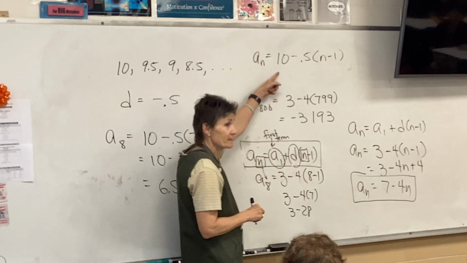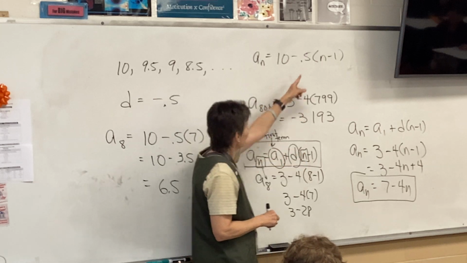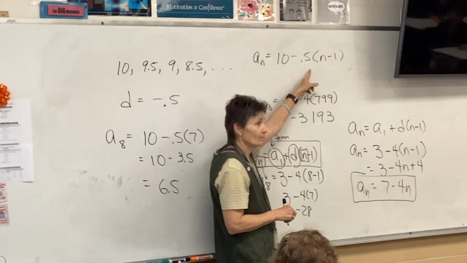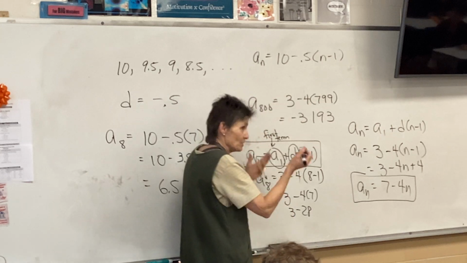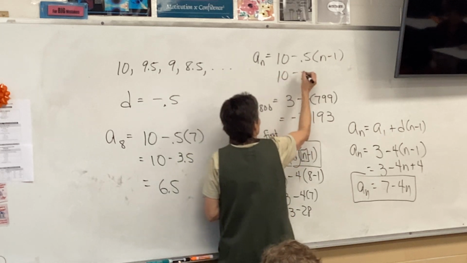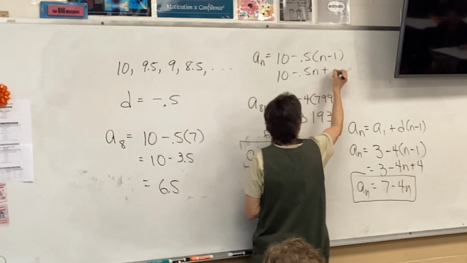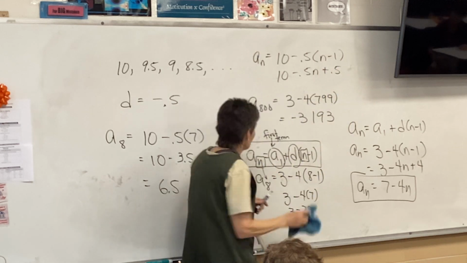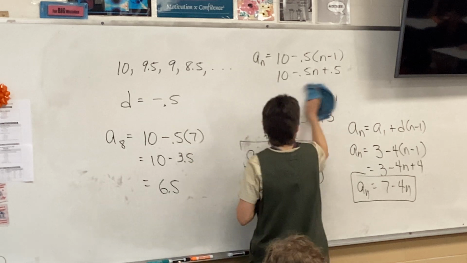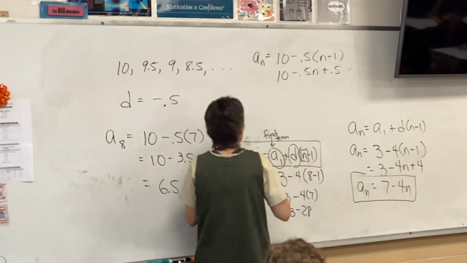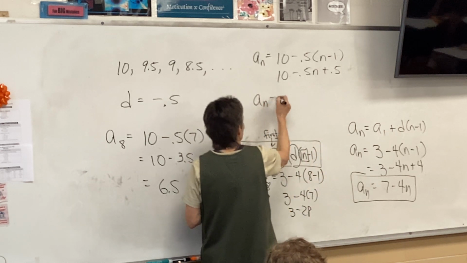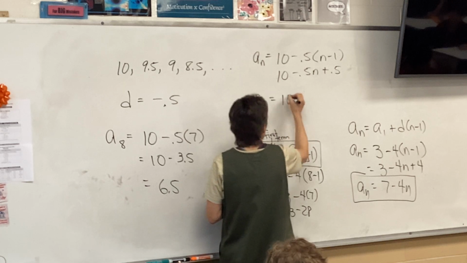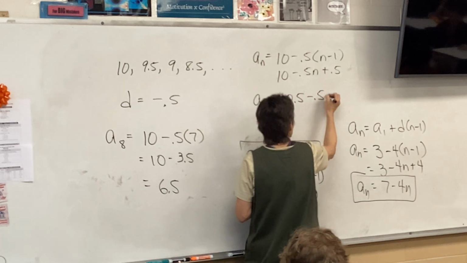So first term was 10, common difference is negative 0.5, and then you'll distribute and just clean it up. So it looks like our general formula, our explicit formula, is 10.5 minus 0.5n.